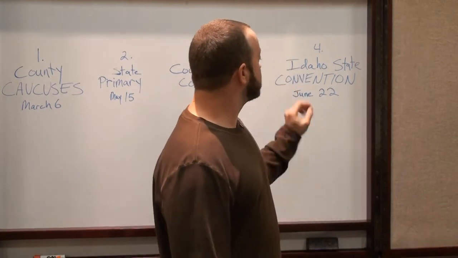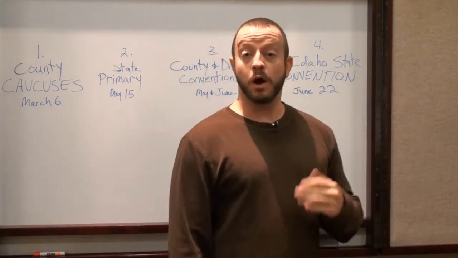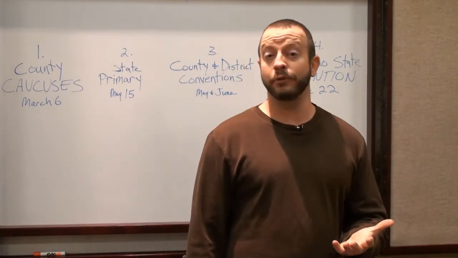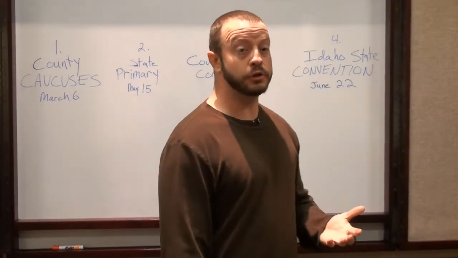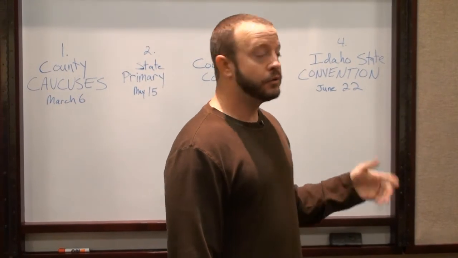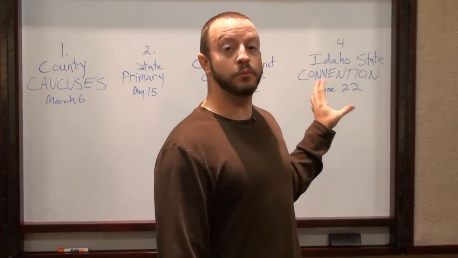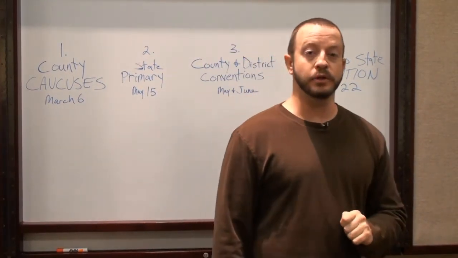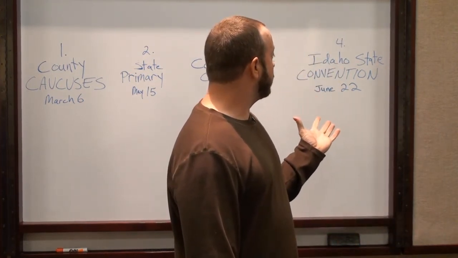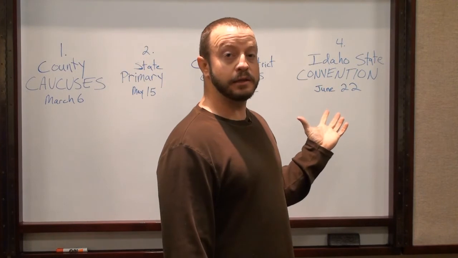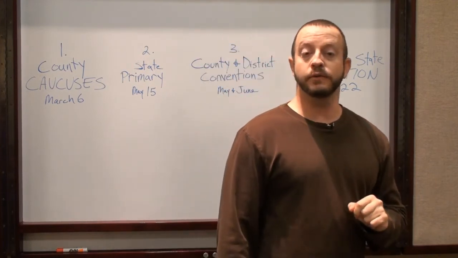Well, if 2/3 of the delegates to the Idaho State Convention are Ron Paul supporters, they can vote to suspend the rules, overturn the results of the caucus, and award all of the national delegates to Ron Paul. So it's very important to have a good presence at the Idaho State Convention, because that's where we can make our attempt to either protect our delegates or overturn the results of the caucus if need be.